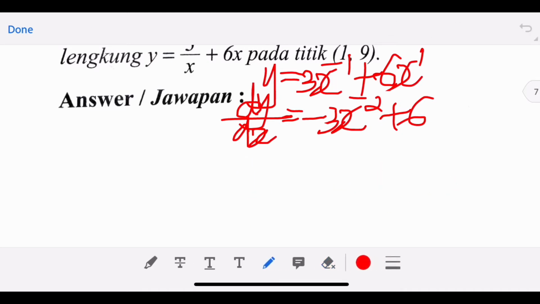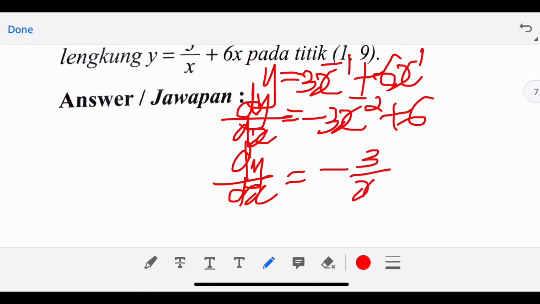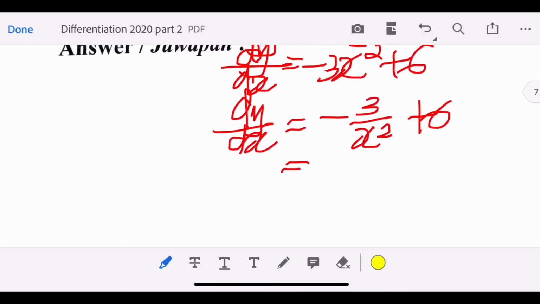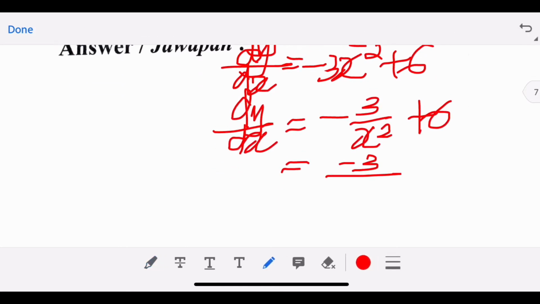Right? So dy/dx is equal to -3 over x squared plus 6, right? Now we are going to substitute x equal to 1 into the dy/dx. So dy/dx is -3 over 1 plus 6.